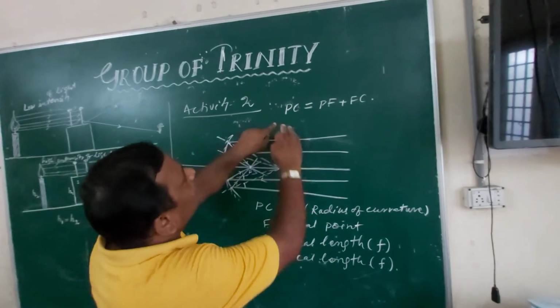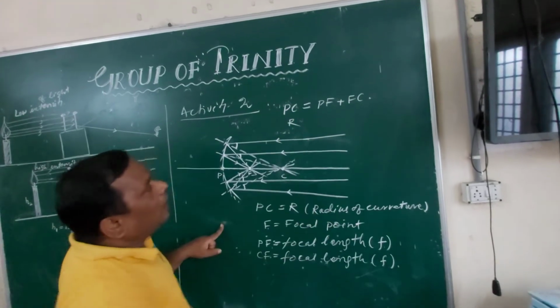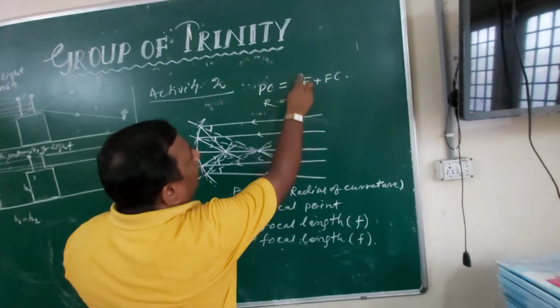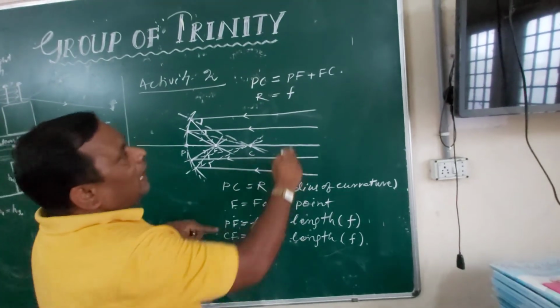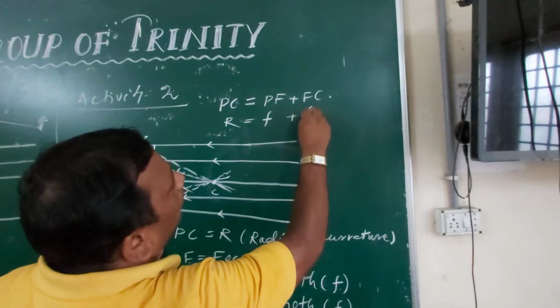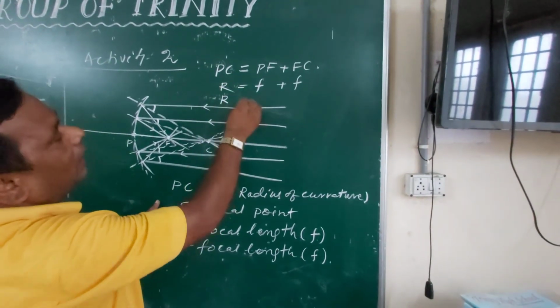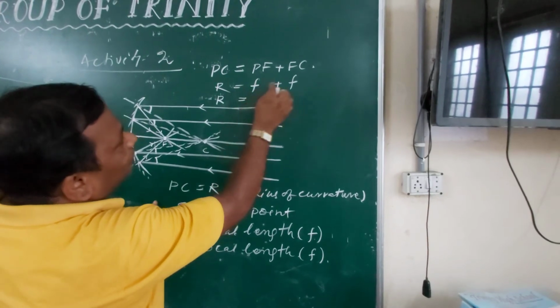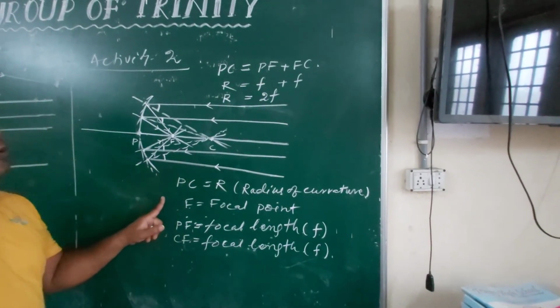PC is the radius of curvature R. Then PF is the focal length, small f, and FC or CF is also f. Clear now? Now radius of curvature R equals f plus f. That becomes 2f, right?